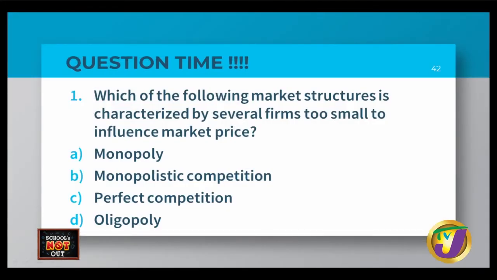So let's just pause for a little while and answer a few questions. Giving you time to read. The first one: which of the following market structures is characterized by several firms too small to influence market price? Is it monopoly, monopolistic competition, perfect competition, or oligopoly?